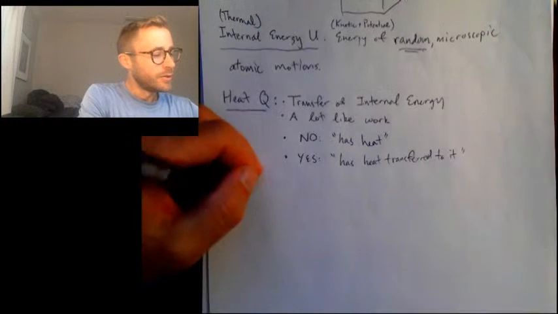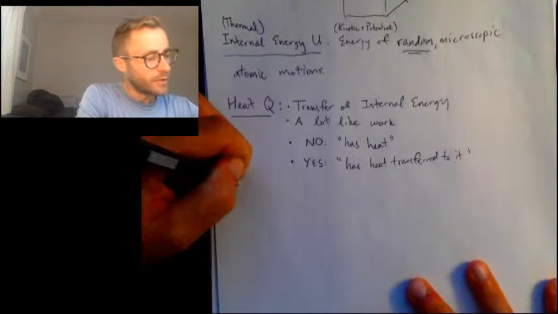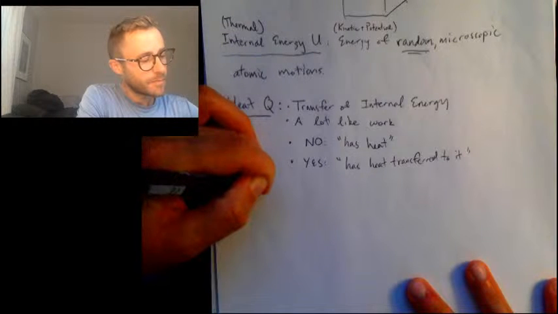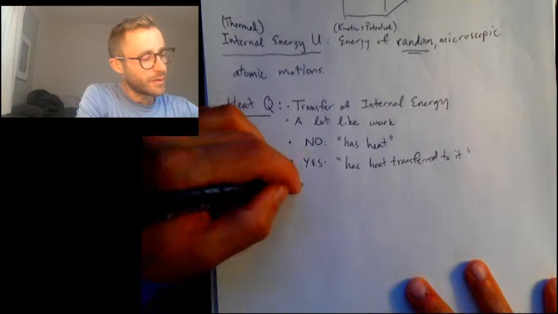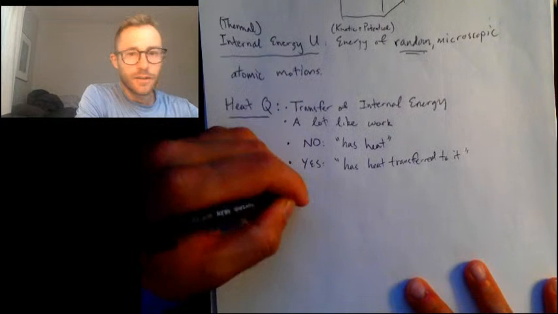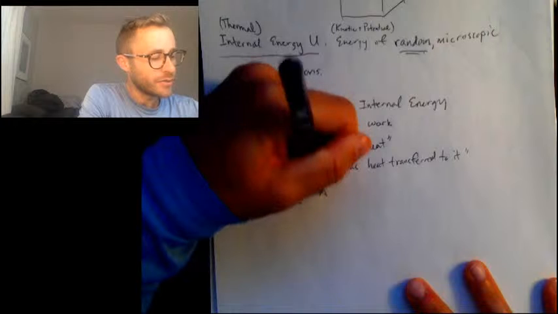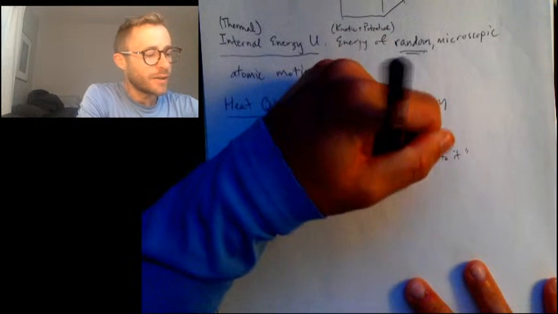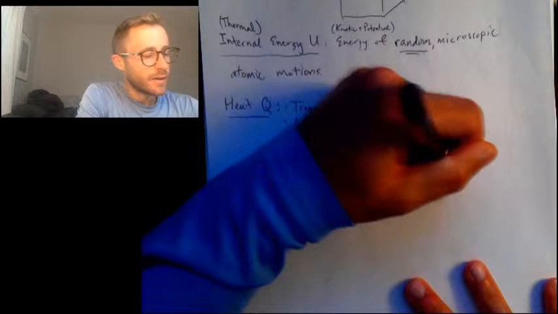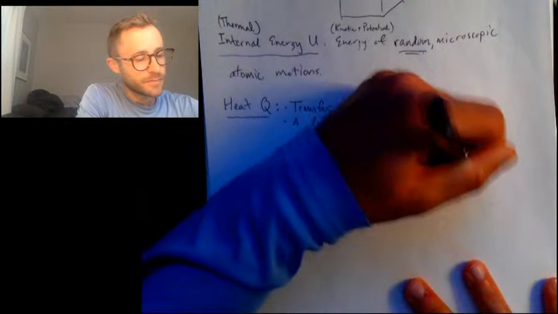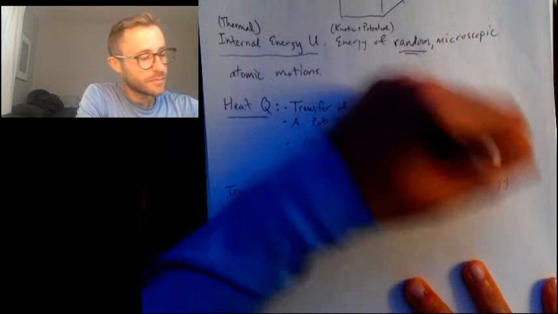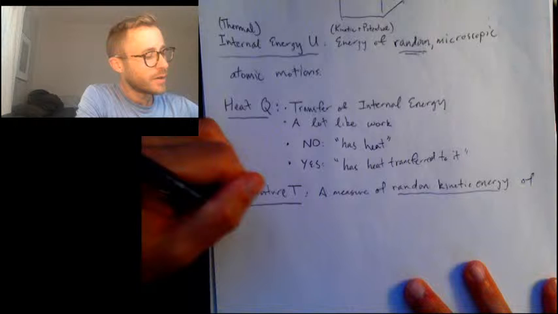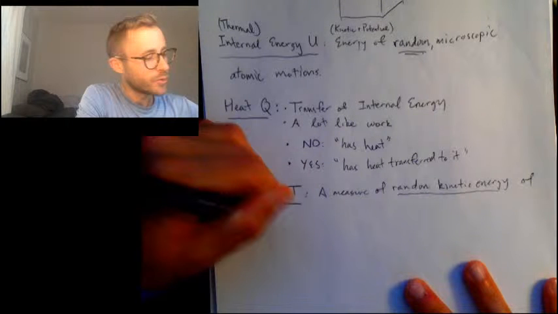Okay. So then there is something called temperature, which is denoted by capital T. And temperature is a measure of the random kinetic energy of atomic motions.